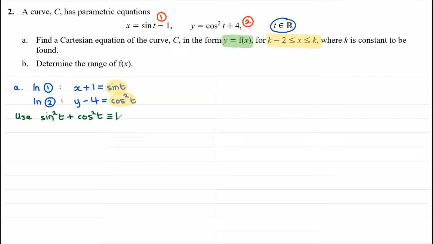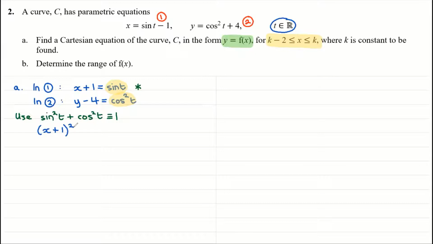So sine squared, I'm going to have to square this expression for sin t there. So we're going to have (x + 1)². Now, this is where we've got to be a bit careful. We already have cos squared. It's squared already.